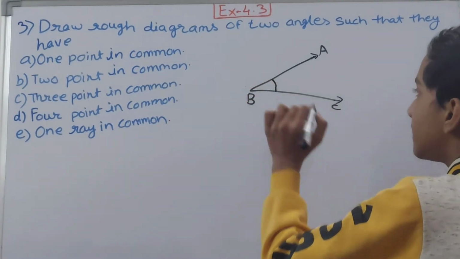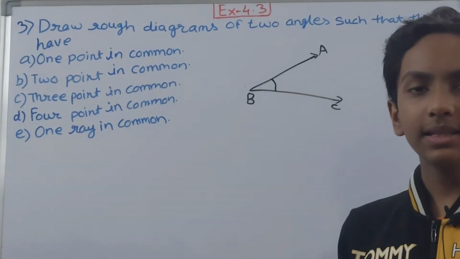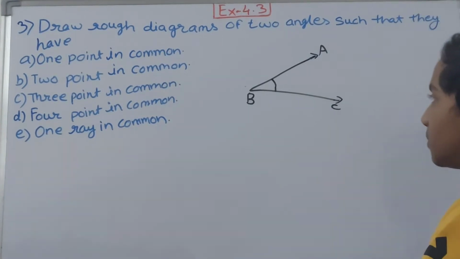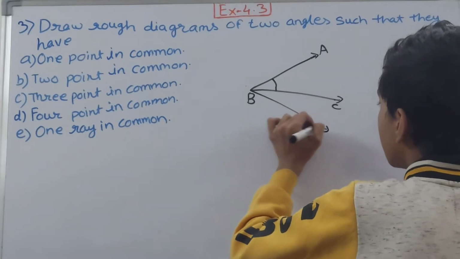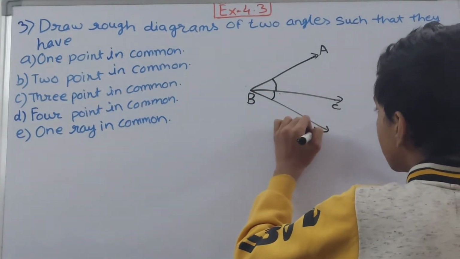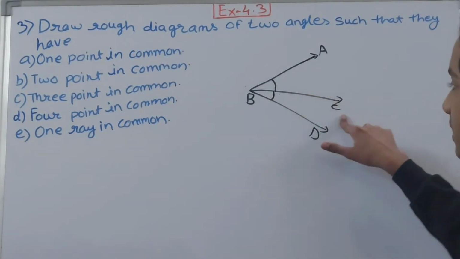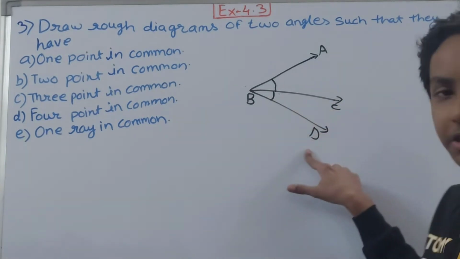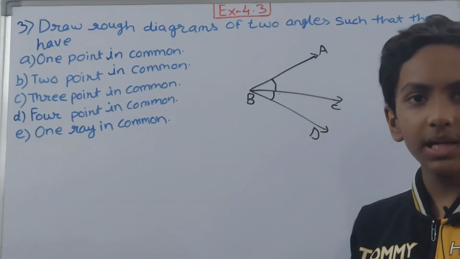Now let us make our second angle so that we have 3 points common. So if you see, I will make my second one like this and like this, and this will be the D point. Now in this, if you see, this will be ABC and this will be CBD once again, right? Now only and only 2 points are coming in common, right?